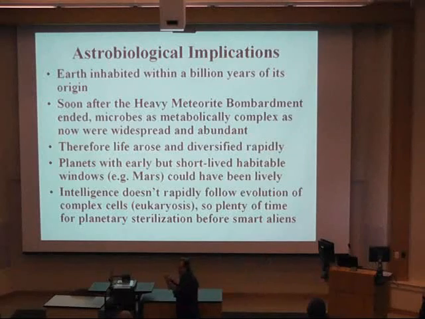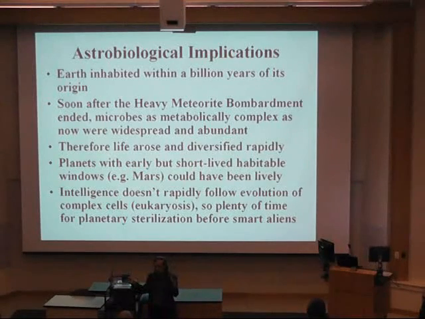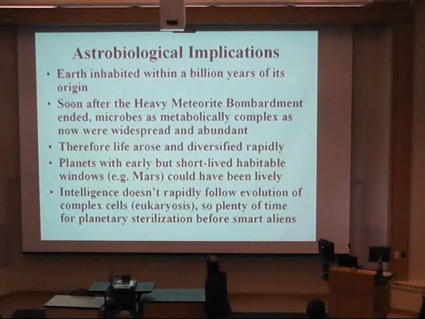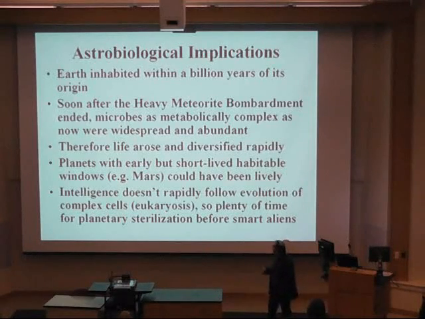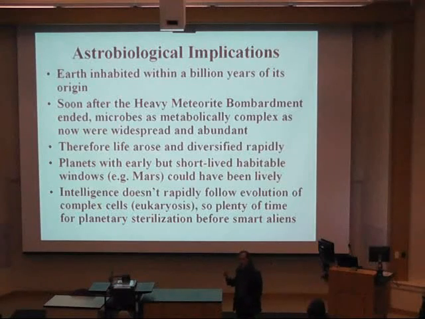So even if you can evolve life in the first billion years of a planet's history, you can potentially exterminate life by meteorite impact and re-evolve it again very quickly. So life on Earth arose and diversified rapidly. Planets that have early but short-lived windows of habitability could once have been lively, even if they're not now.